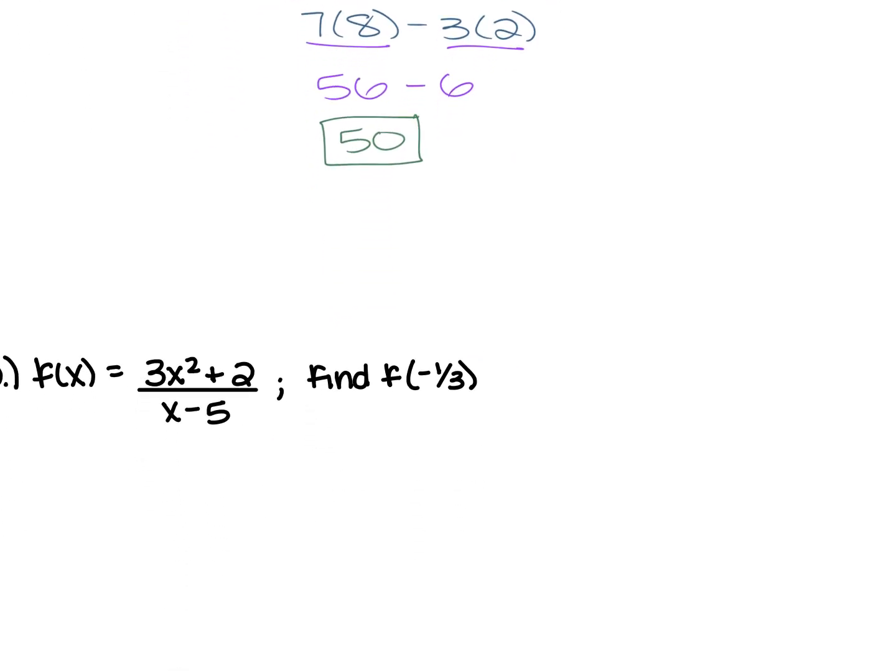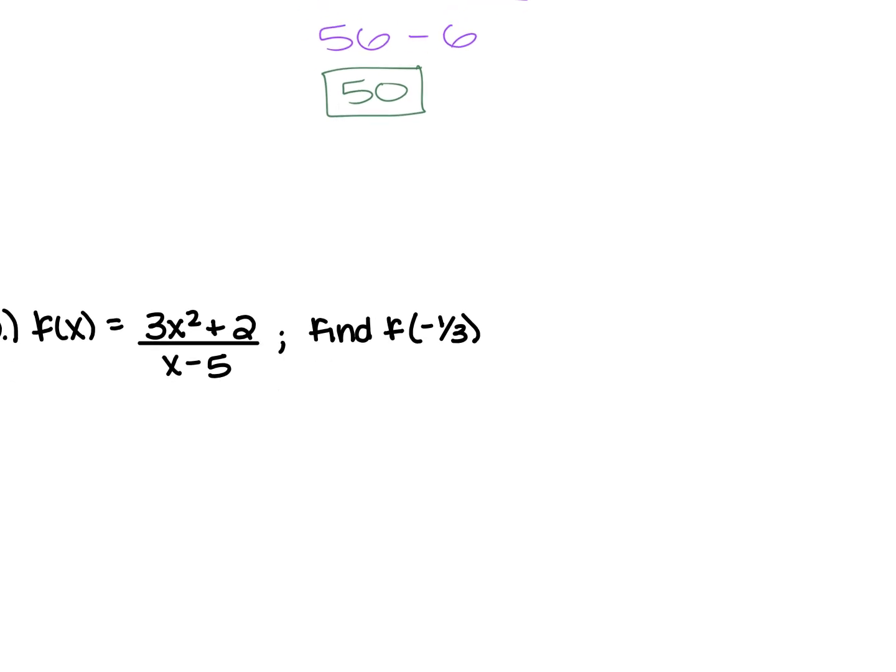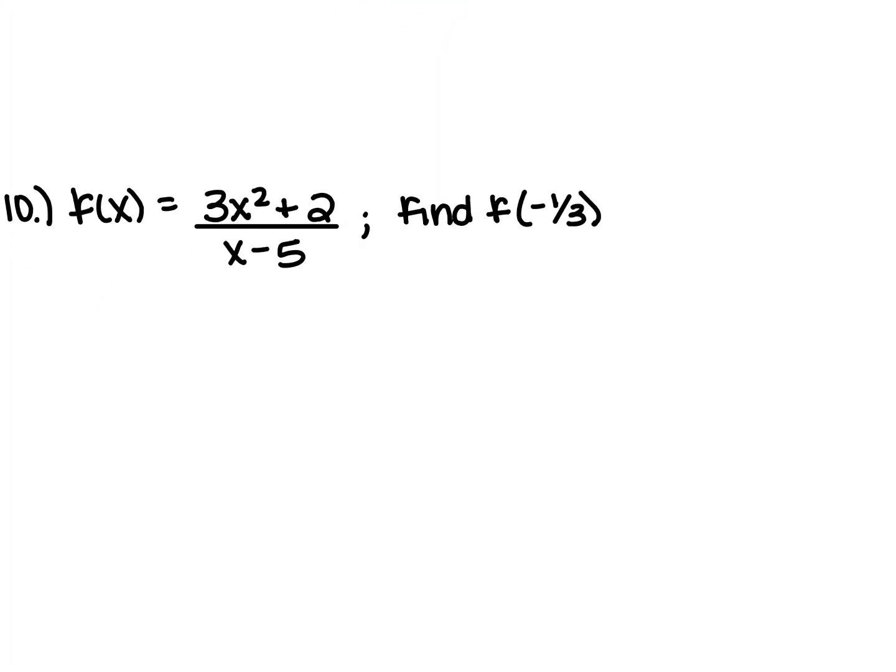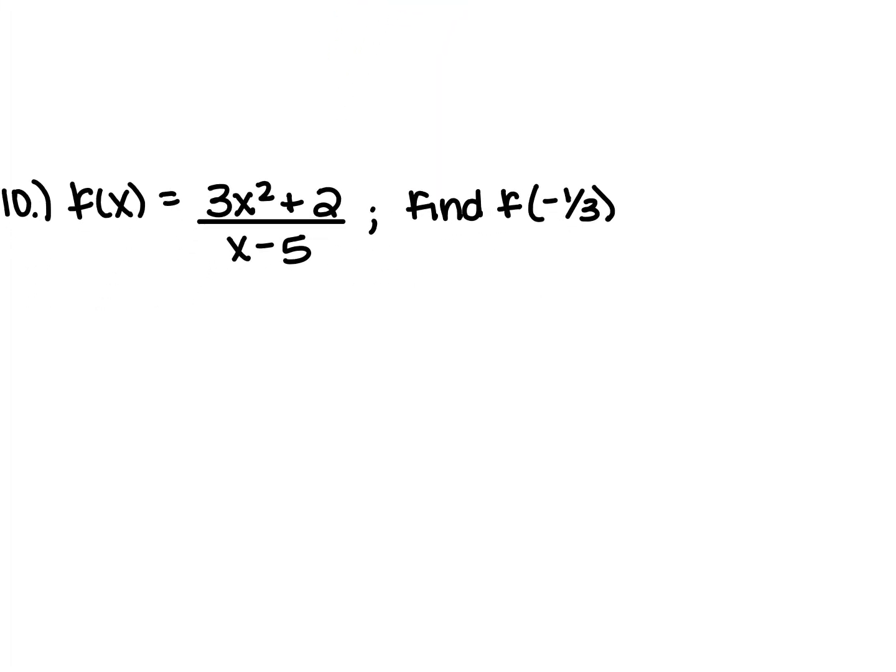For number 10, we have f of x is equal to 3x squared plus 2 over x minus 5. We're finding f of negative 1/3. So that means we are going to put that negative 1/3 in for x on both the top and the bottom of this fraction. So it's going to give us f of negative 1/3 is equal to 3 times negative 1/3 squared plus 2 all over negative 1/3 minus 5.